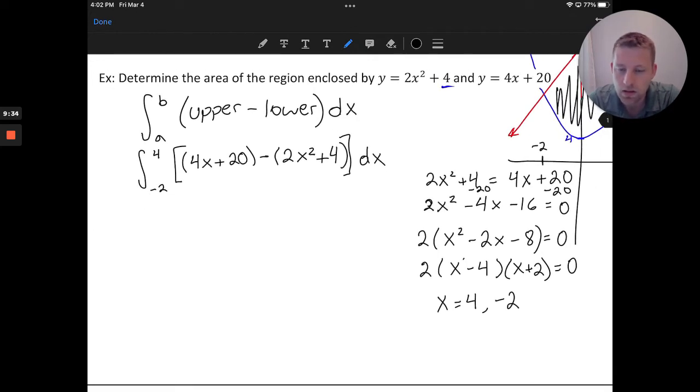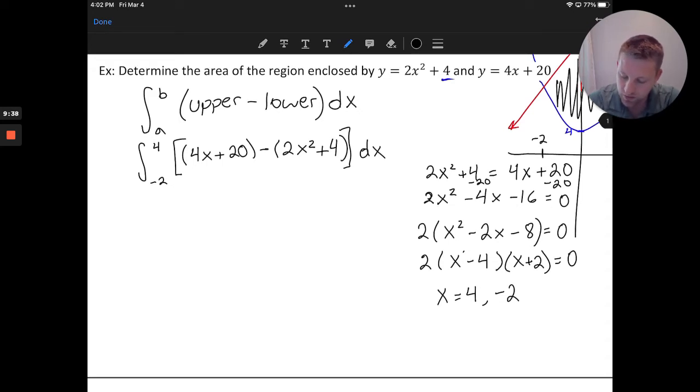All right. And doing a little bit of distribution to get started here, we can keep this, again, as a definite integral. We'll distribute the negative sign here to get negative 2x squared, negative 4, and then we can consider adding some like terms here. I'm going to use our negative 2x squared and put that in front.